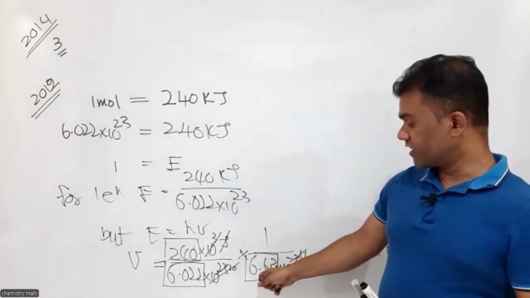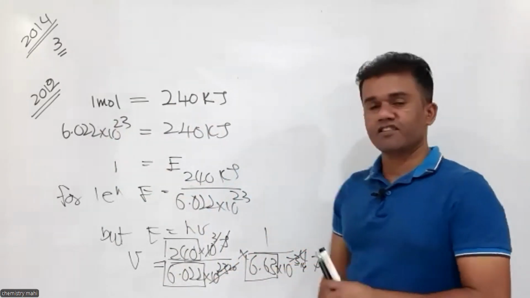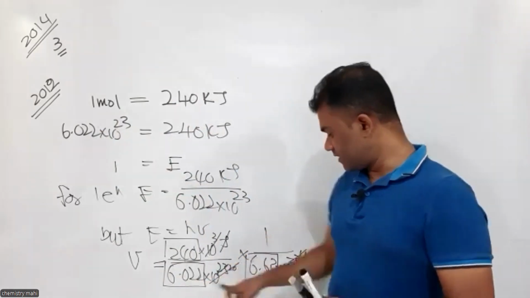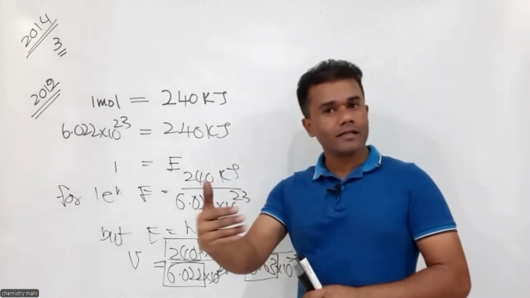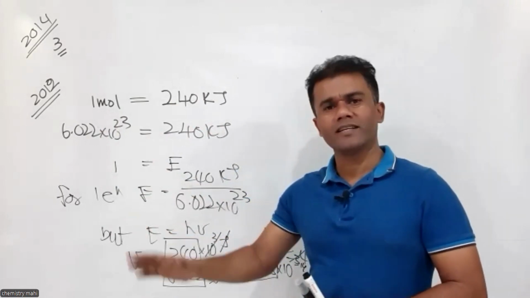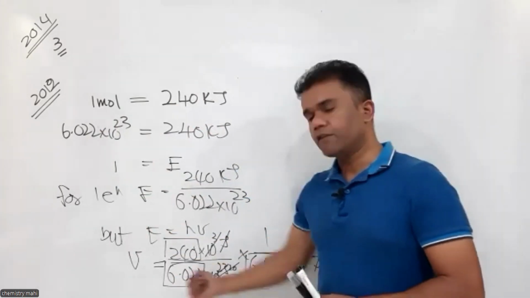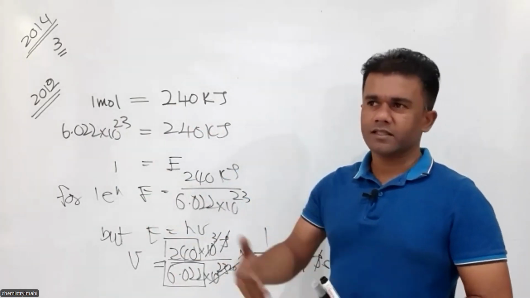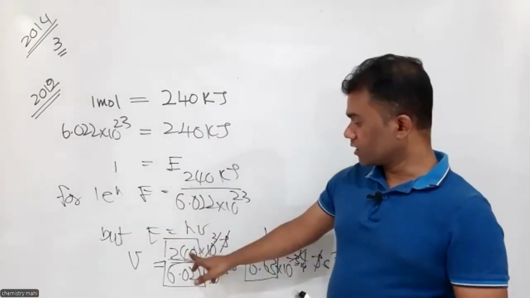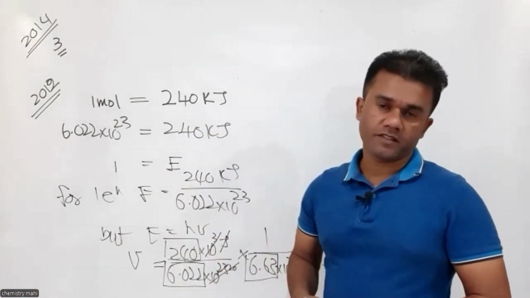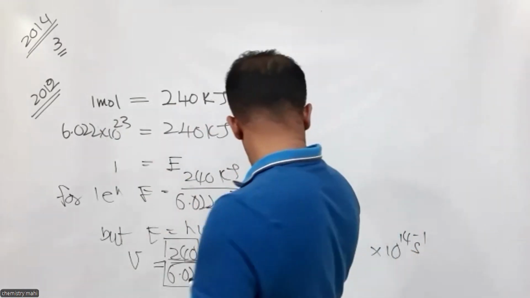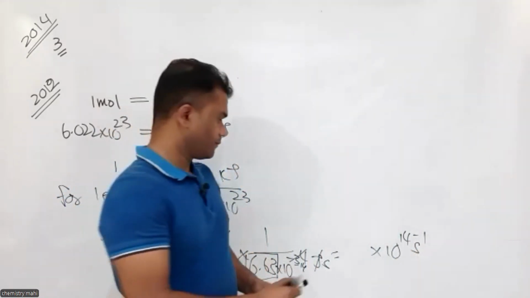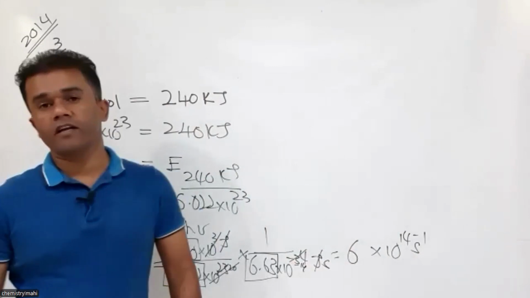Don't take 6.63, take just 6.6. 6 into 6 is 36, 3. That's 39.6, again 40, I can take 40. Then 240 divided by 40, the 0 cancels, 24 divided by 4 is 6. 6 × 10^14 per second.